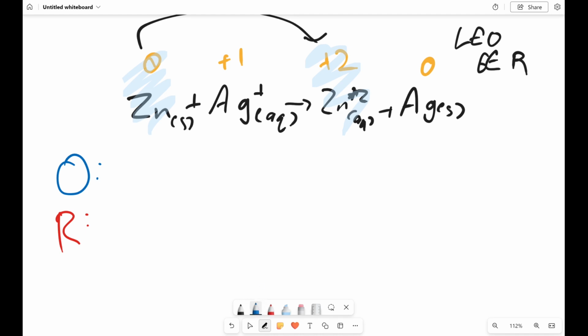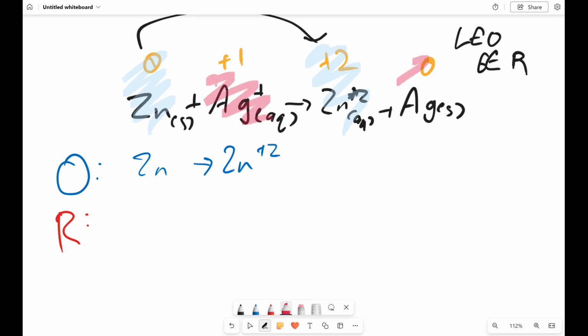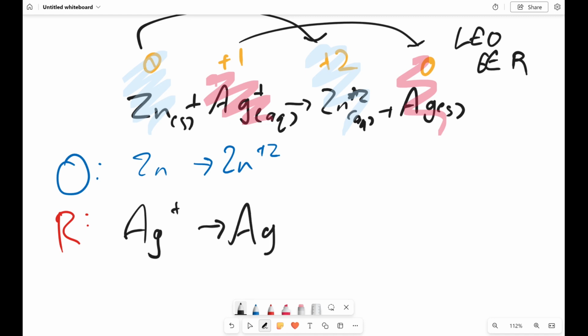So we're going to have zinc becomes zinc +2. And that means that we have silver. Silver is going from plus 1 to 0, so it's getting more negative, which means it's being reduced. So Ag plus becomes Ag.